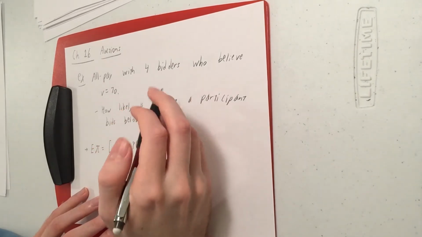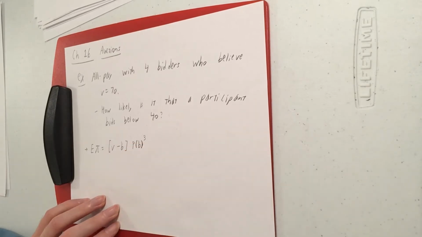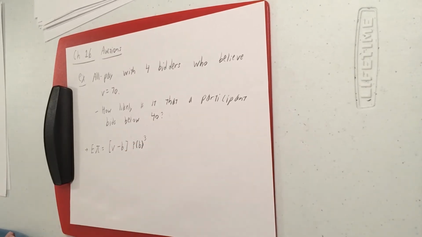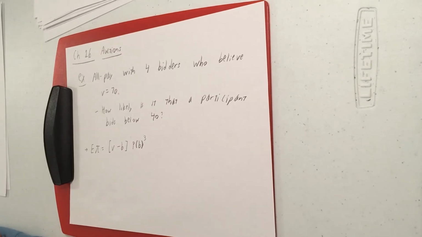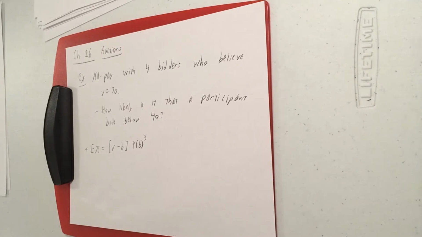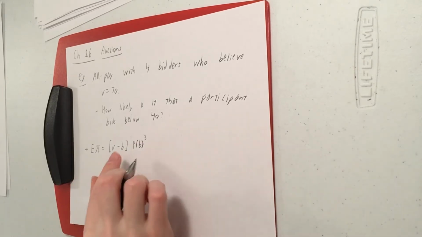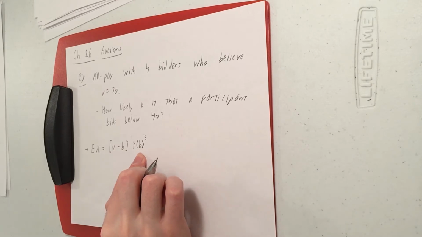There are 4 bidders here, so you have to outbid 3 other people. So P of B cubed is the probability that everyone else's bid, all 3 other people's bid, is below your bid. So our big P here is the cumulative distribution function. So the probability that their bids are below B. B is your bid. So that's what you get if you win, and that's the probability that you win.